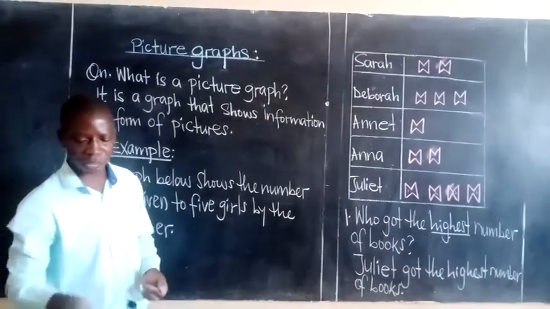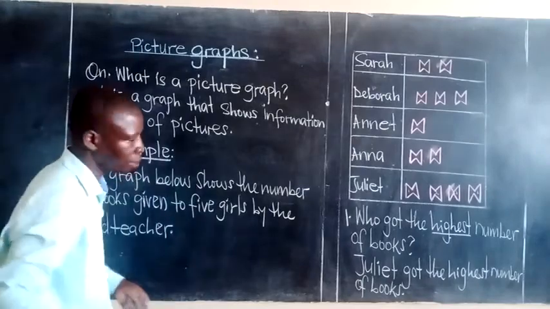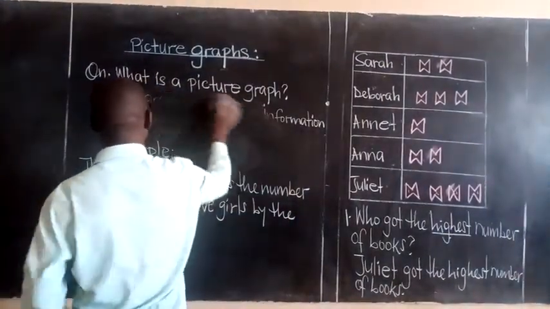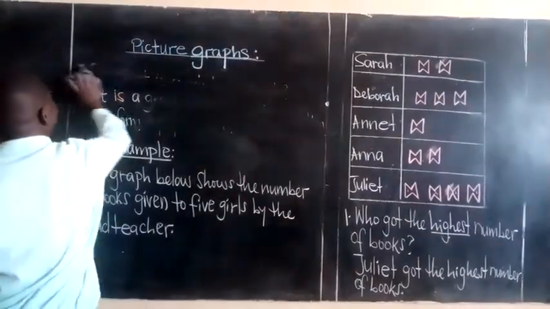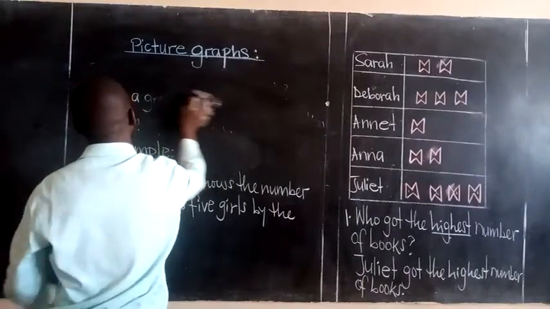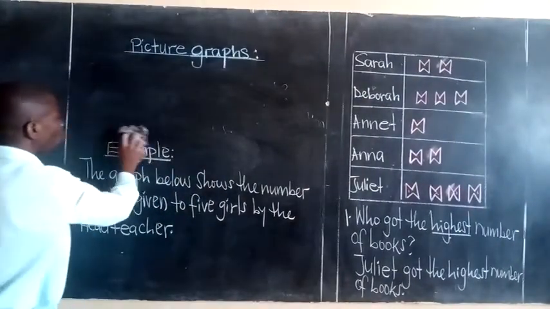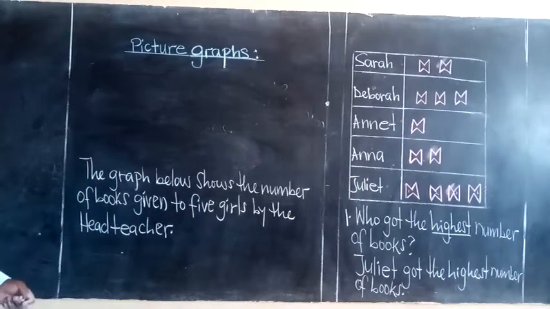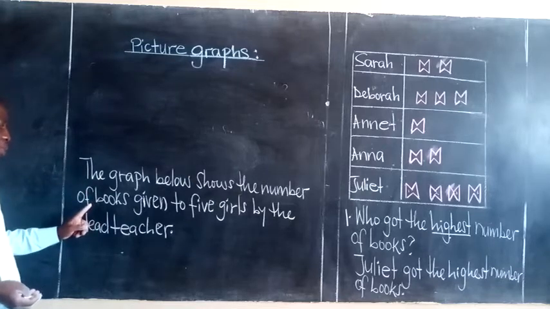Then they can raise another question. Now, before we raise another question, a graph must have a title.